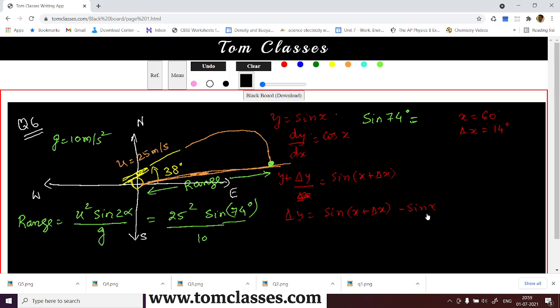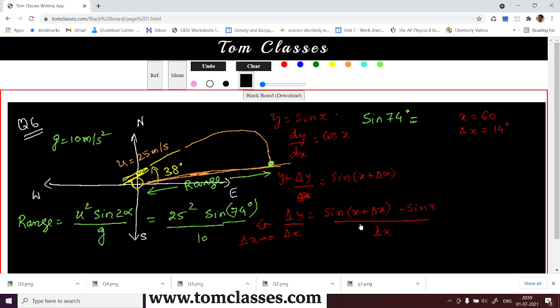So this will be delta y, and then you divide by delta x. Then if you go on calculating, here you apply the limit, delta x tends to 0. But 14 is not quite a small value, so it will give you some error, but you can say that error is permissible. Because this is quite a significant value, this is sine c minus sine d formula.